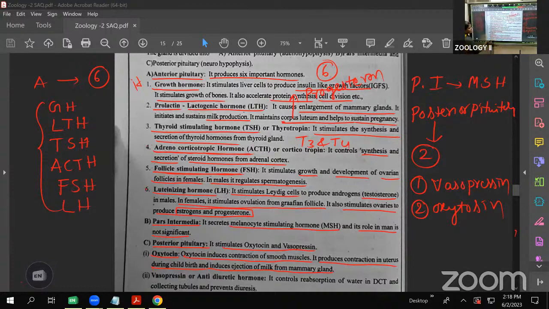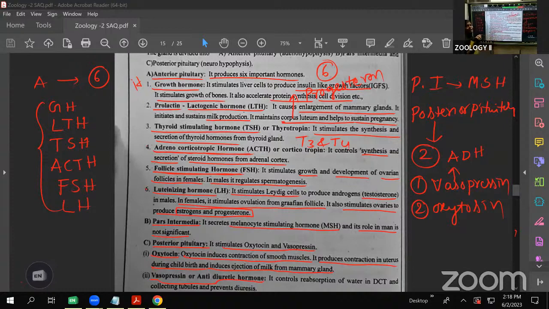Next is vasopressin, also called antidiuretic hormone, ADH. It controls diuresis, meaning excess urination. Reabsorption is by this hormone only, which is why it is called antidiuretic hormone.